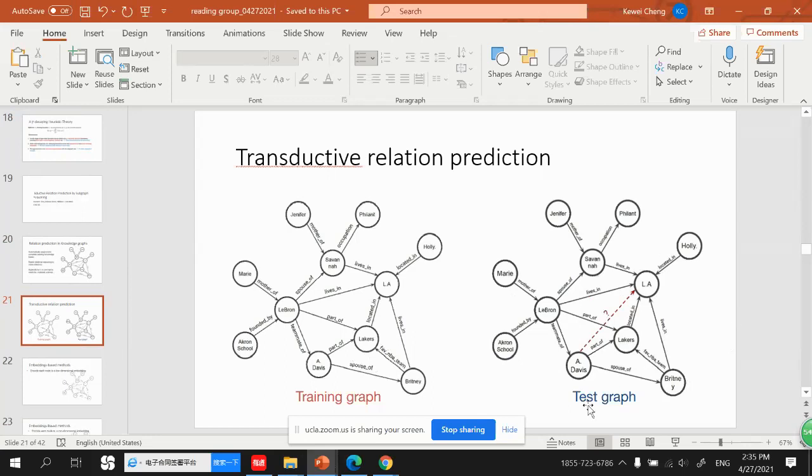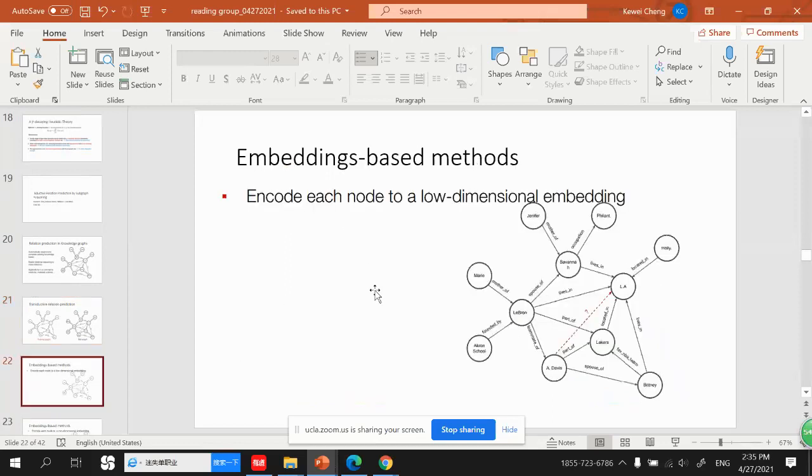And in this scenario, we can see that all the entities in this knowledge graph have already been observed in the training graph. The only missing information is that some of the links among these nodes are missing. And currently the most commonly used method is the embedding-based method.